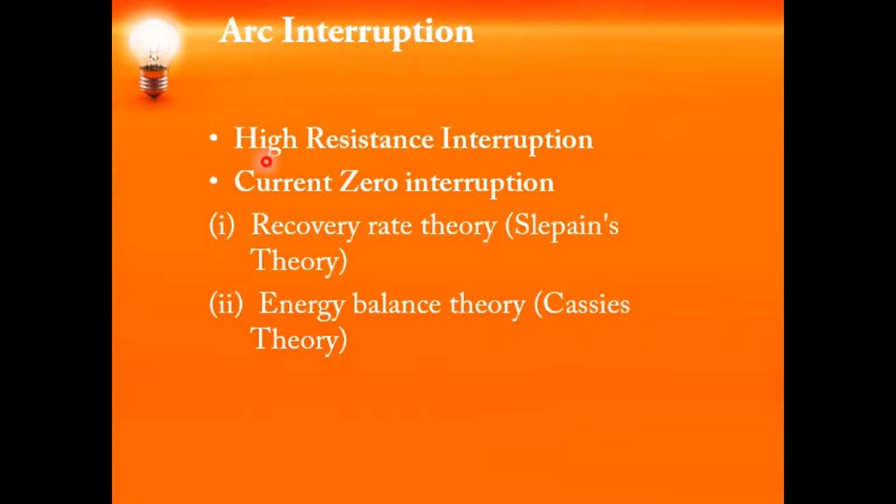in the high resistance interruption method, the resistance is increased so that the current is reduced to a low value which is insufficient to maintain the arc. So how can the resistance be increased? The resistance can be increased in three ways.